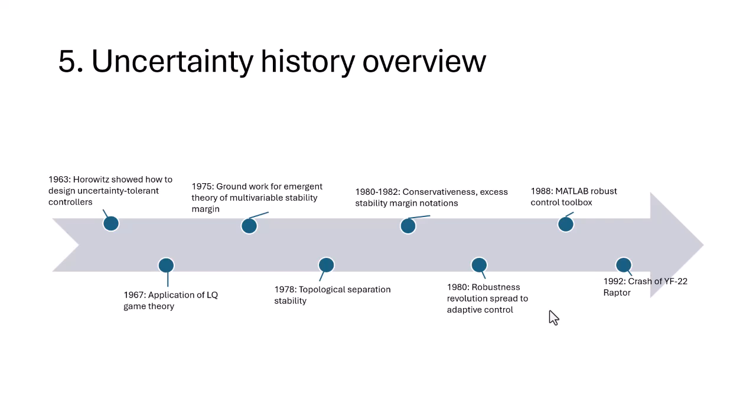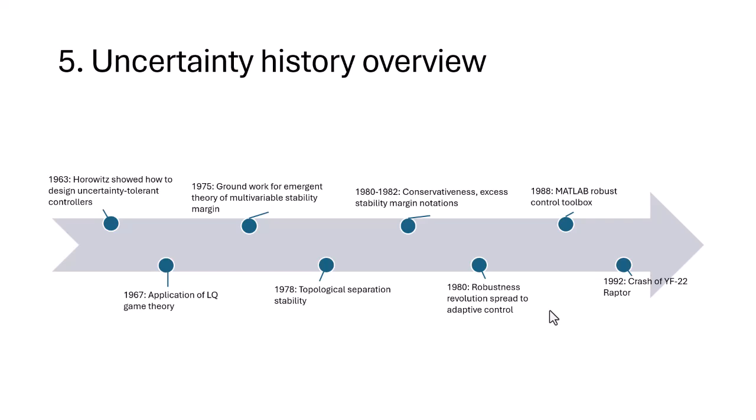And then between 1980 and 1982, some variables were introduced, so Km and mu notation. So Km is the excess stability margin, and mu is the reciprocal of Km. And then 1980 was the robustness revolution spreading to adaptive control.